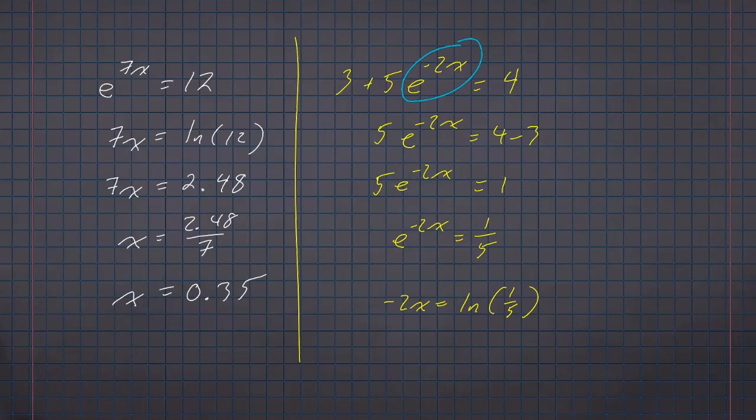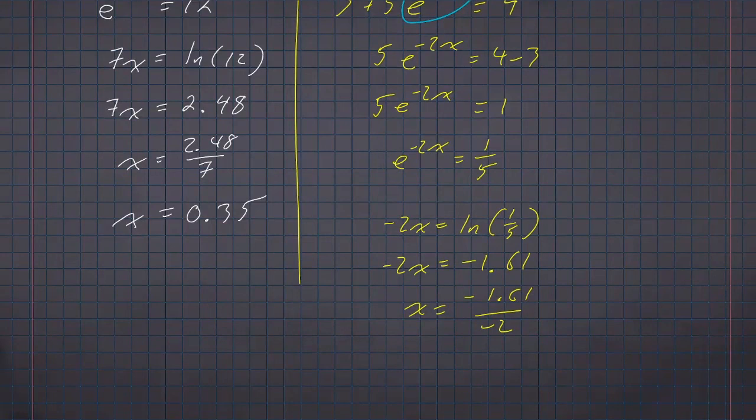My calculator is happy to tell me that the log of 1/5 is negative 1.61. And if I divide by negative 2 to get x by itself, I get that x is 0.81, somewhere thereabouts.